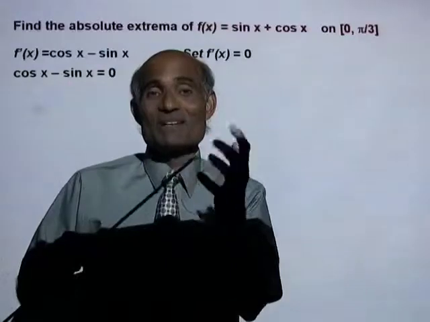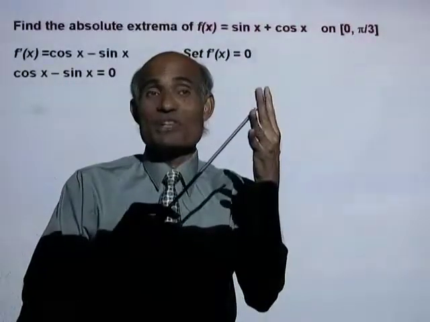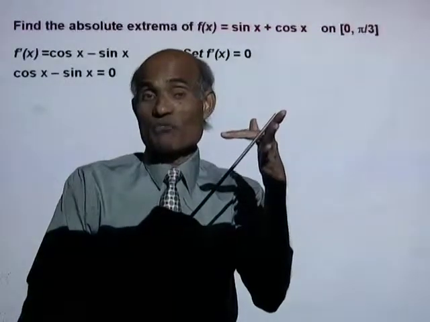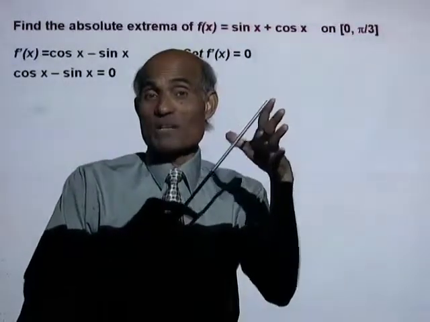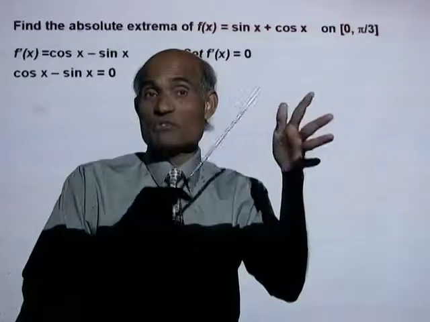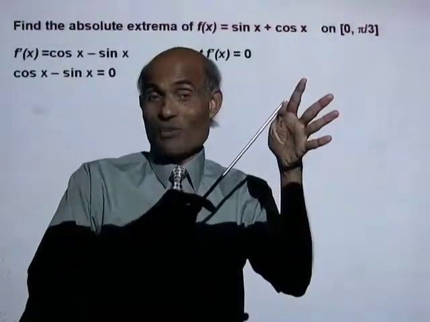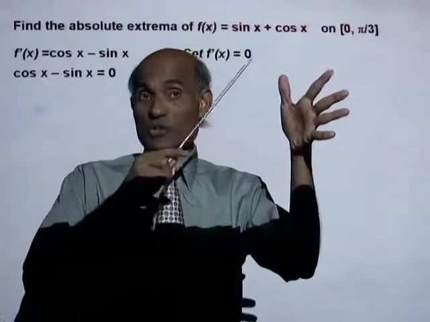Well, you should know that sine of 0 is 0, sine pi by 6 is 1/2, sine pi by 4 is root 2 over 2, sine pi by 3 is root 3 over 2, sine pi by 2 is 1. And now cosine.